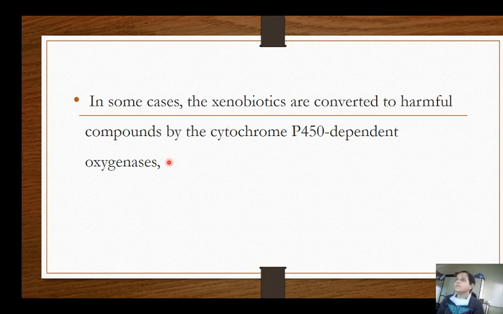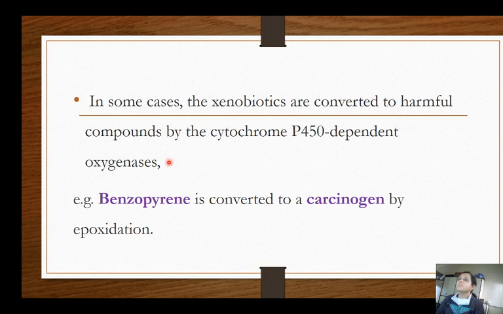That I have already mentioned as bioactivation. In the same way, sometimes the cytochrome P450 enzyme can make the drug much more harmful than what it was. For example, benzopyrenes are converted to carcinogens when they undergo epoxidation in the presence of the enzyme cytochrome P450 dependent monooxygenase.